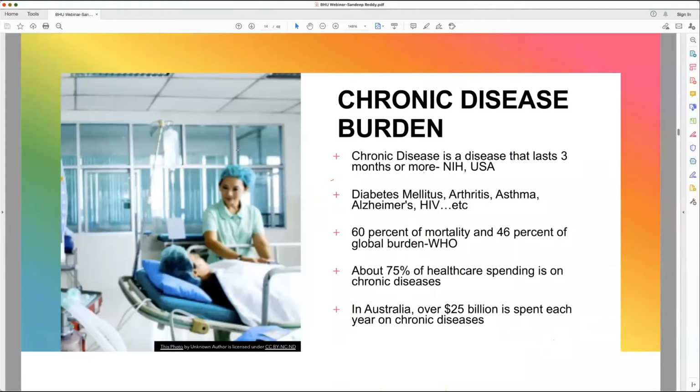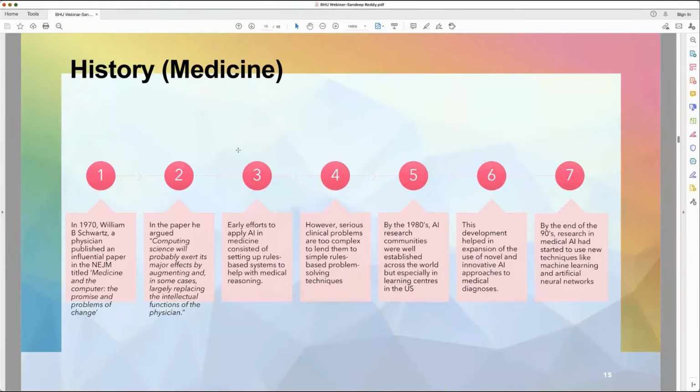People are really running out of solutions, and I propose AI is one of the solutions. Why so? Before we get into how AI gets used and how AI can be a solution, let's look at the history of use of AI in medicine. As with AI generally, AI in medicine has also been around for a long time.